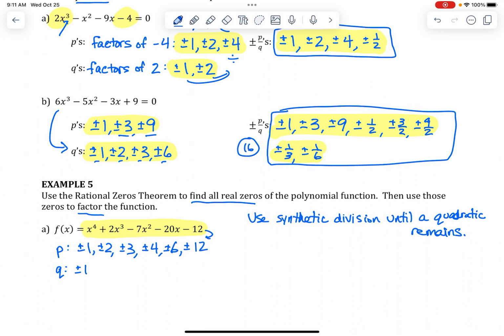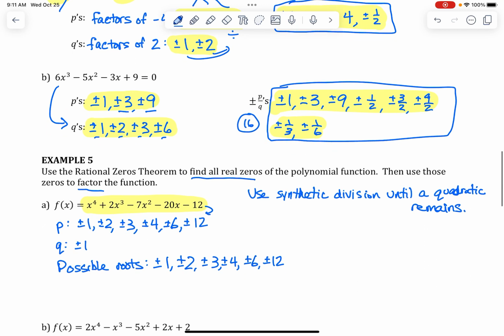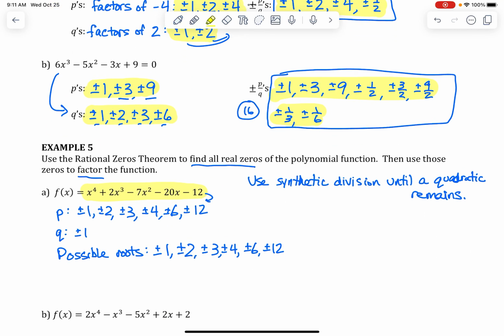There's only one factor of 1, right? So the possible roots are simply p divided by q, which is just a repeat of p, right? So these 12 factors give you a pretty comprehensive list of what might be the roots.